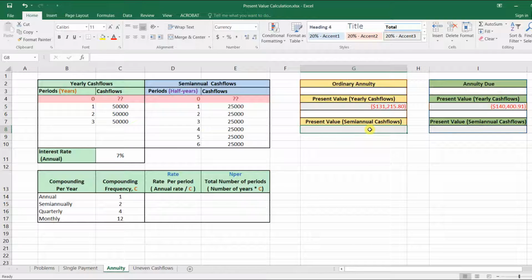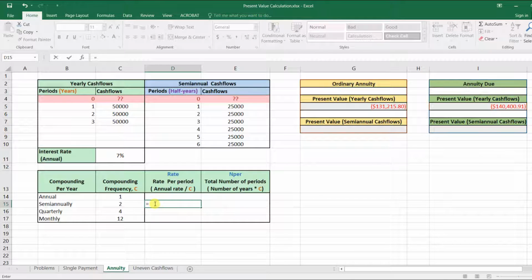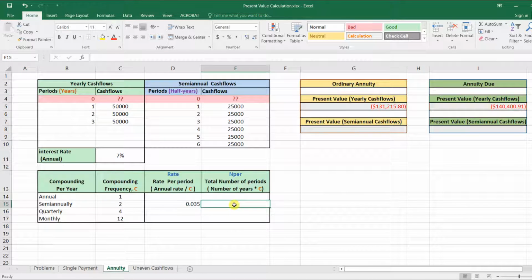So to get the parameters, first let's get the interest rate per period, that is annual interest rate divided by the compounding frequency. So the annual interest rate is this cell divided by the compounding frequency. For semi-annual compounding it is 2. Select this cell and press enter. Then the total number of periods equals the number of years multiplied by the compounding frequency.